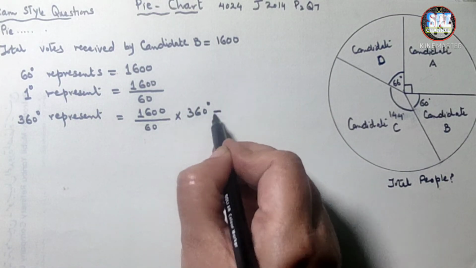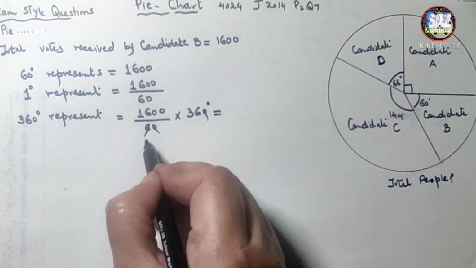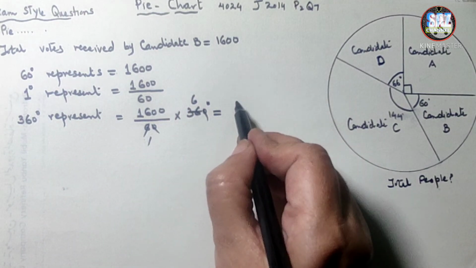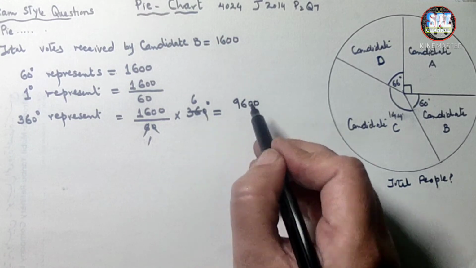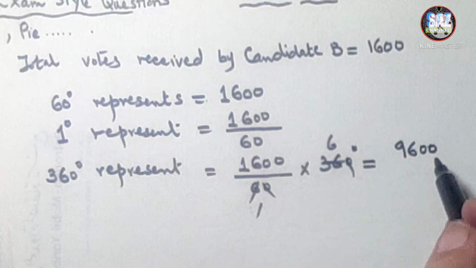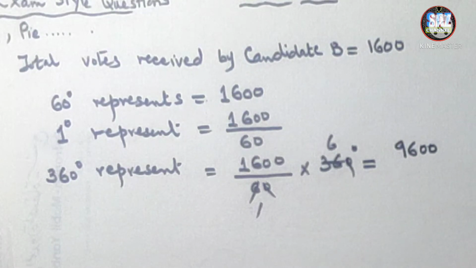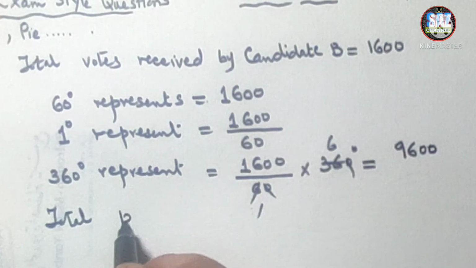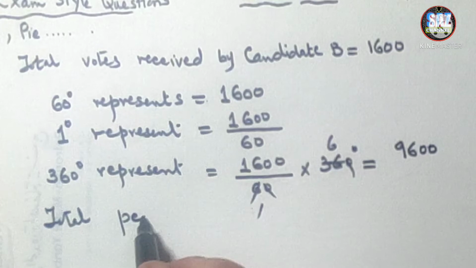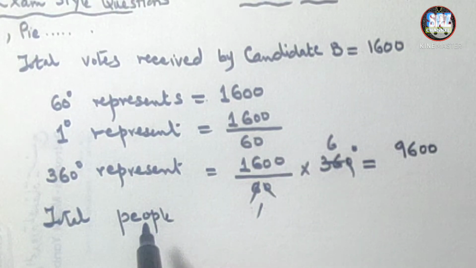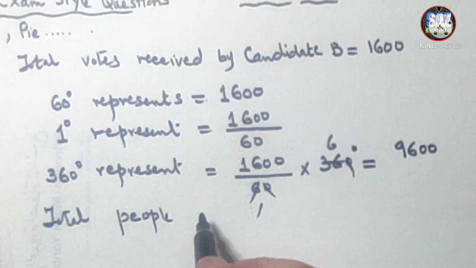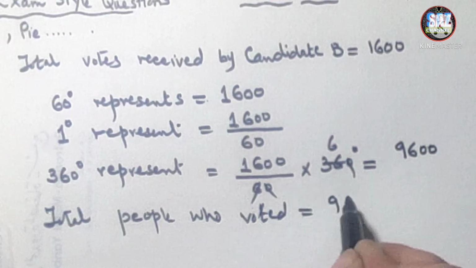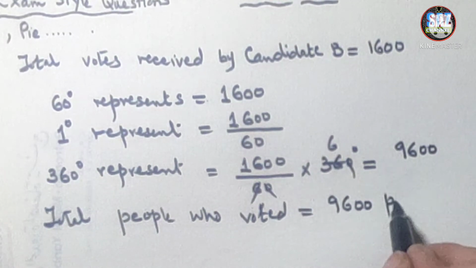Now look, 0 goes with 0, 6 ones are 6, and 6 sixes are 36, and now we can use the calculator. 16 times 6 is 96, so 96 with 2 zeros. Okay students, see, I'm teaching you how to make your calculations easy. So the total number of people who voted is 9600 people.